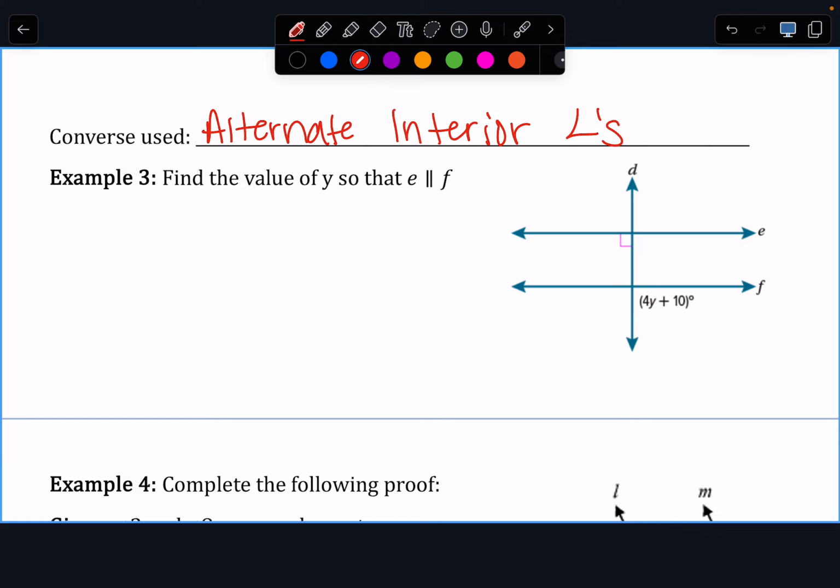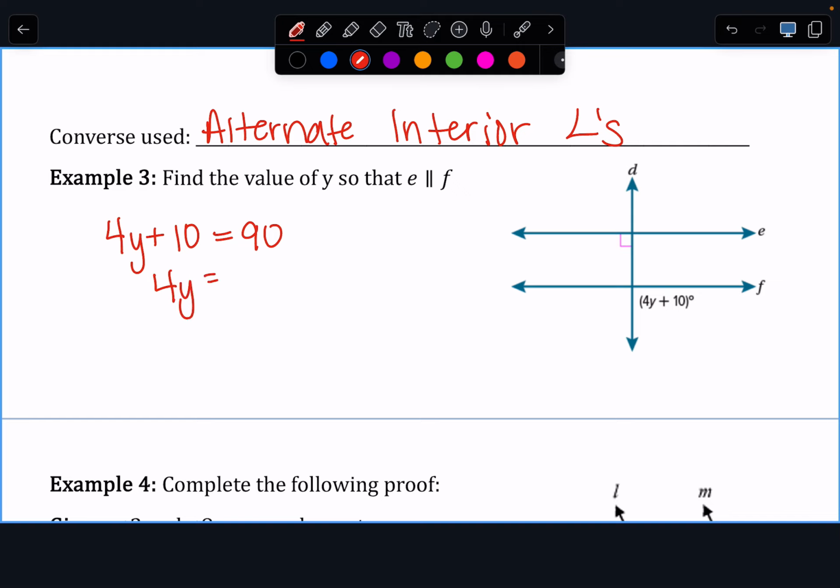What about this example 3? Oh, it's the perpendicular transversal converse theorem. So what do we know about 4y plus 10? It better be a 90-degree angle so that we have E and F parallel to each other.